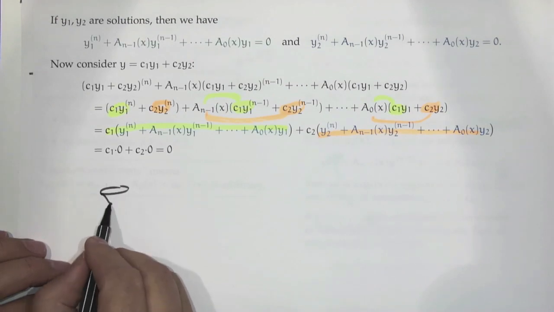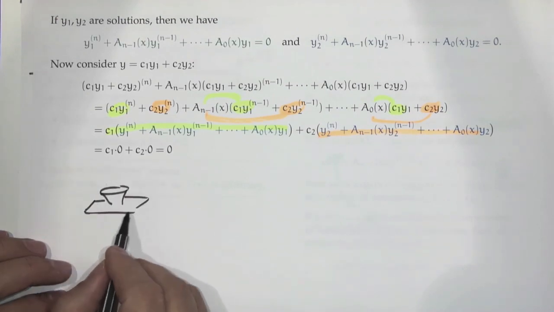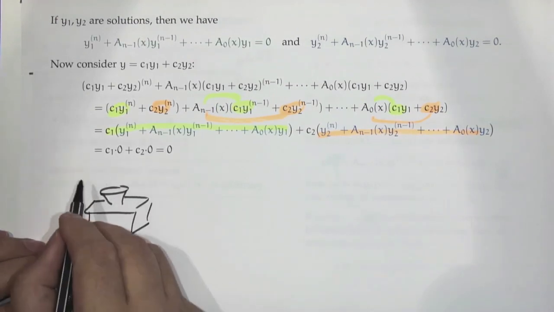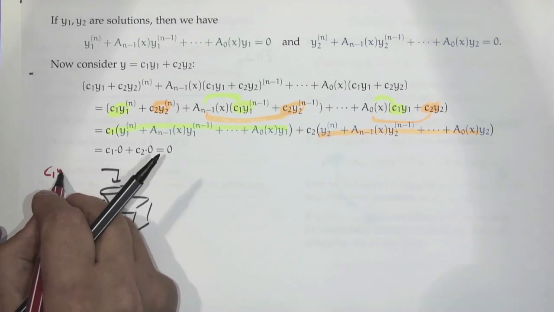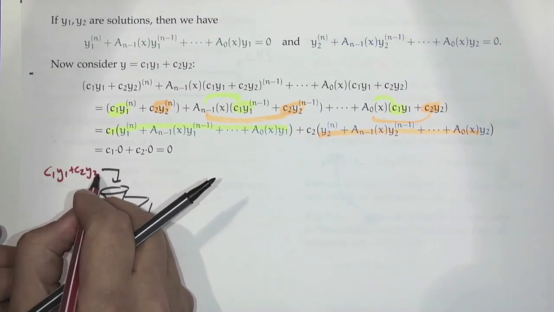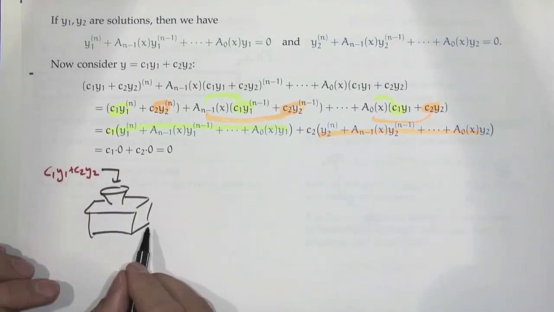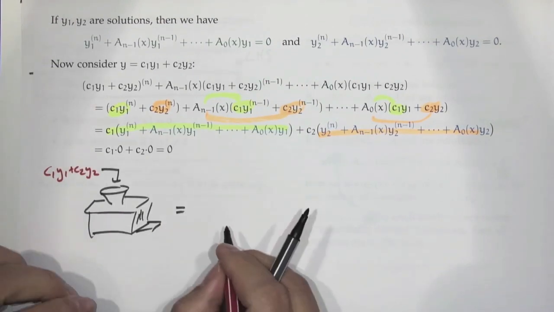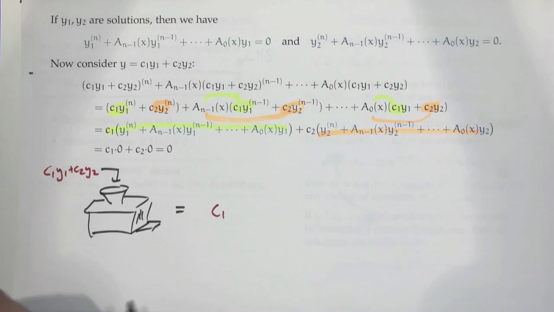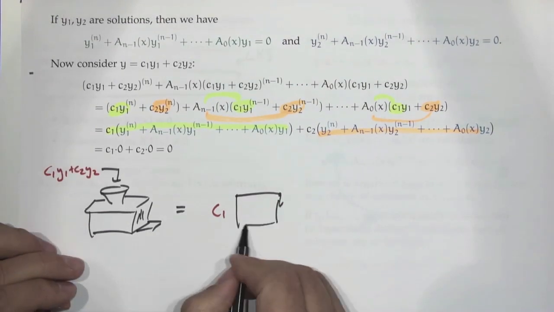Because it's linear, if you were to put in something of the form C1 y1 plus C2 y2, what linear really says is the following.